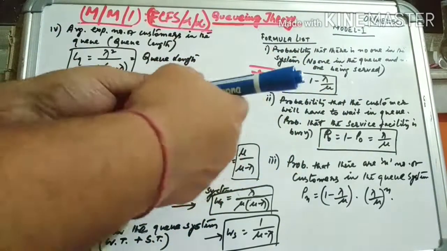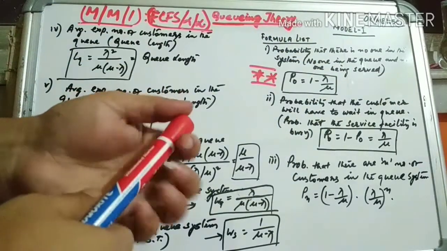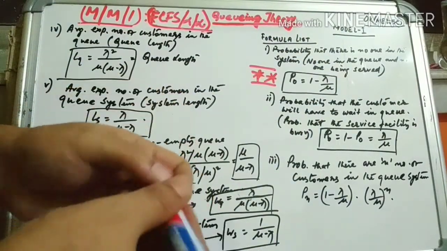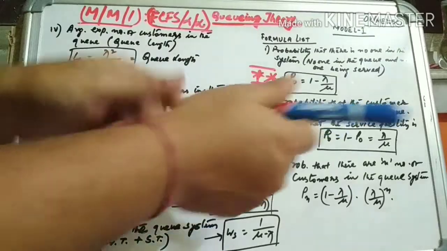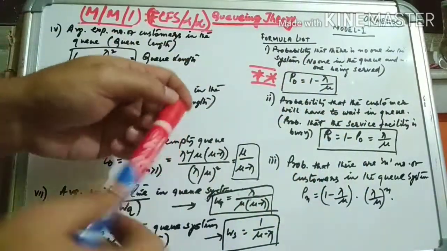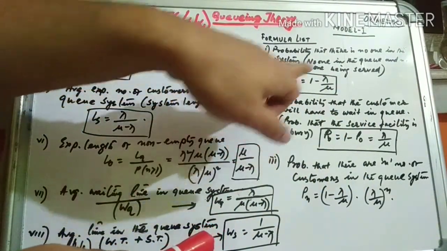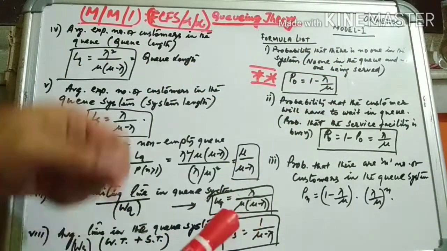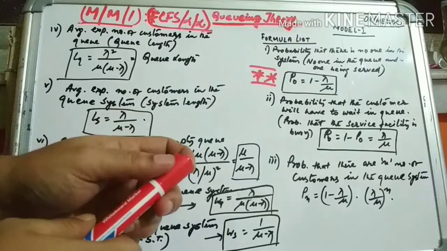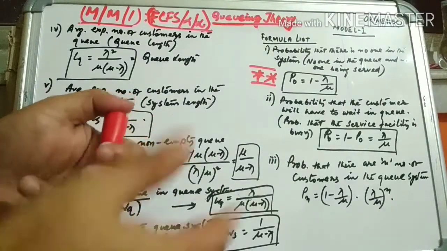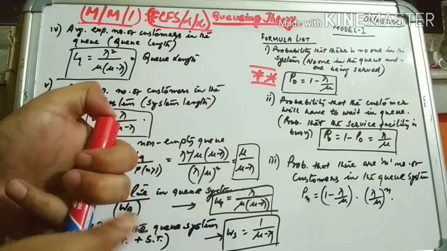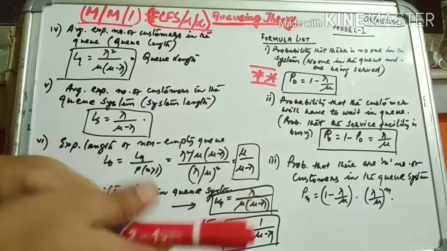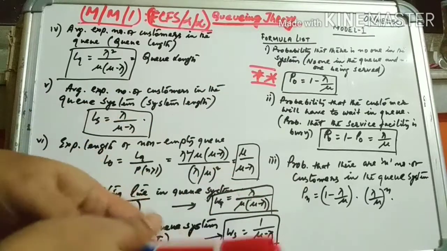You may expect a problem of 1 or 2 marks in the GATE examinations based on this concept. P0 is the probability that there is no one in the system. It is given by 1 minus lambda by mu. You already know what lambda and mu are. Lambda is the arrival rate, or mean arrival rate, and mu is the service rate, or mean or average service rate.